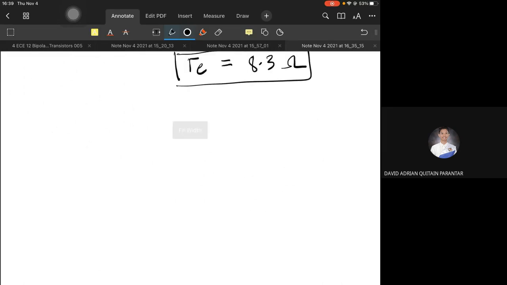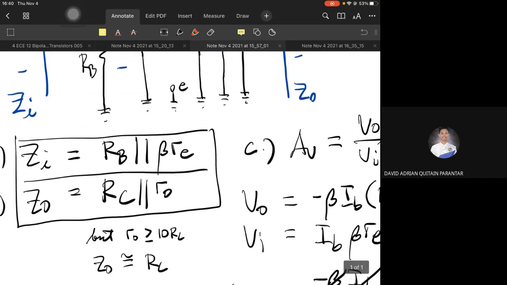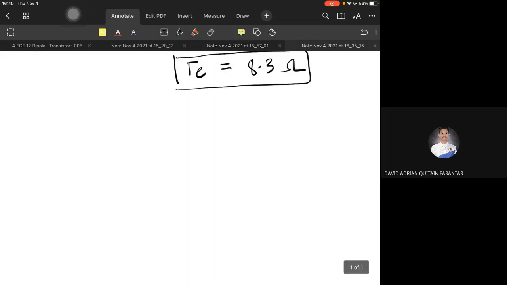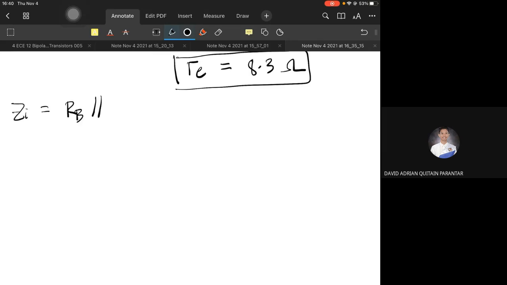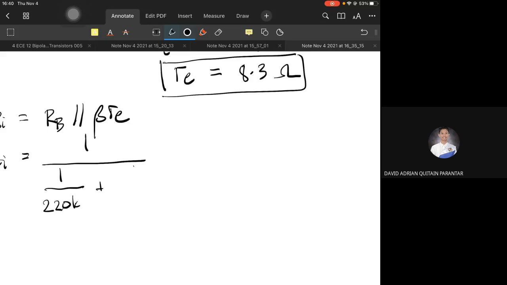So muna si RE. So ZI is RB parallel beta RE. So to solve for ZI, RB parallel beta RE, or 1 over 220K plus 1 over beta, which is 60 times RE, 8.3. 8.3 ohms na din.